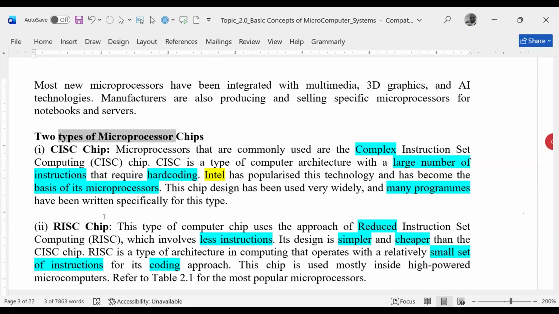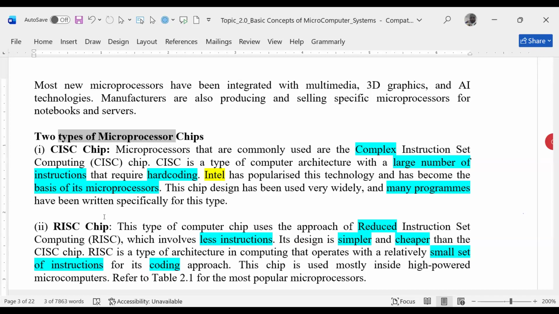And this type of architecture has become popular by Intel microprocessor technology. So if you switch on any machine and you see Intel, that means that technology is complex instruction set computing.